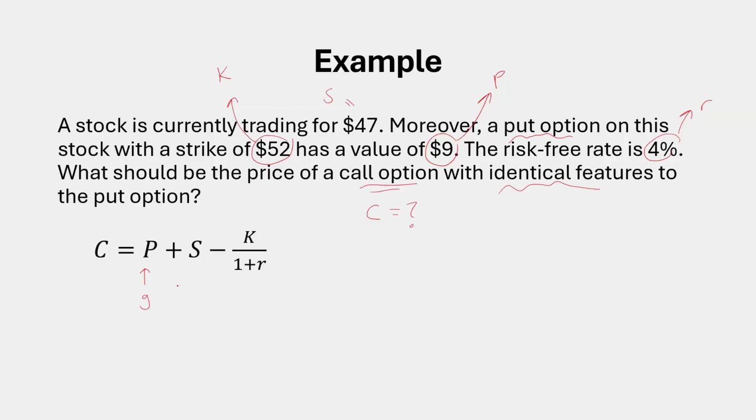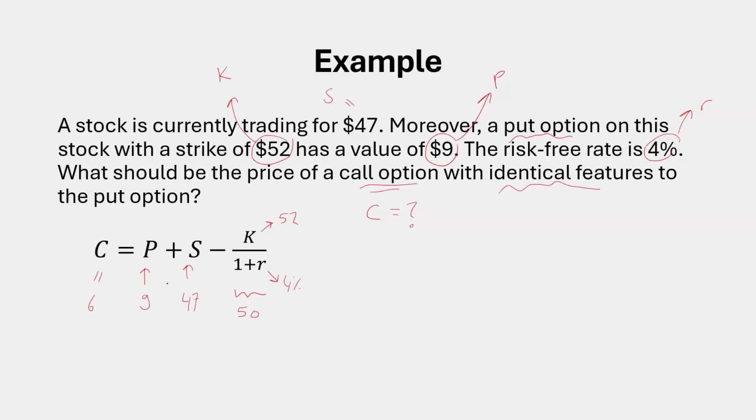P is 9, S is 47, K is 52, R is 4%. In fact, if you divide 52 by 1.04, I picked these figures on purpose, this would be exactly 50. So the call option price in this case should be $6 according to this parity equation.